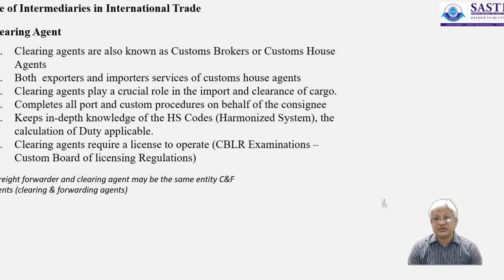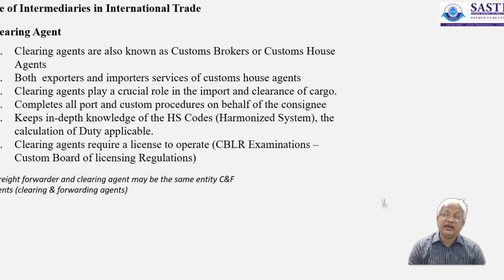Why? Because both exporters and importers need the services of customs house agents. So, customs house agents are required at both ends. One is customs clearance at the export end, where an exporter is selling the goods, and customs clearance is always also required at the destination, that is at the import location.